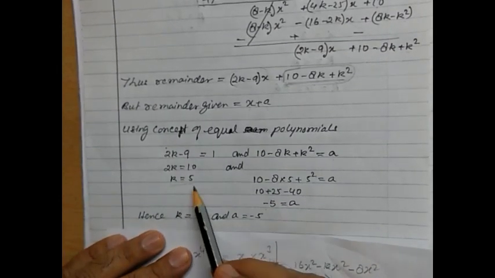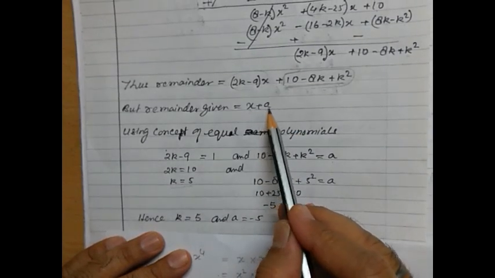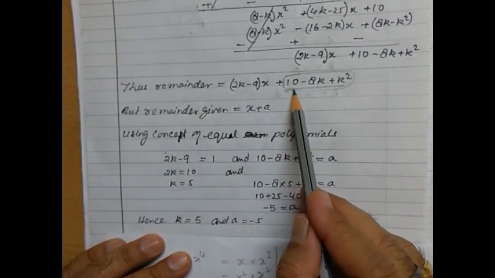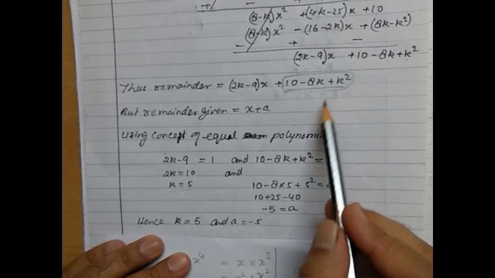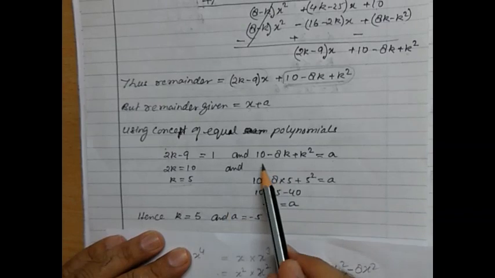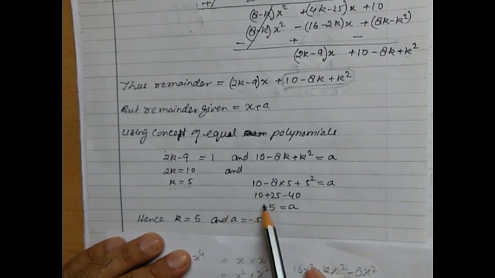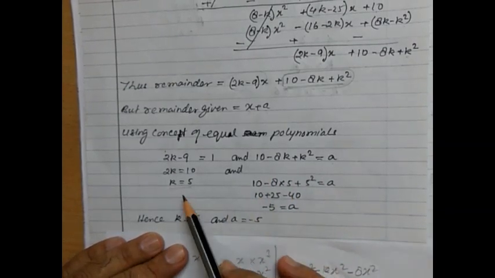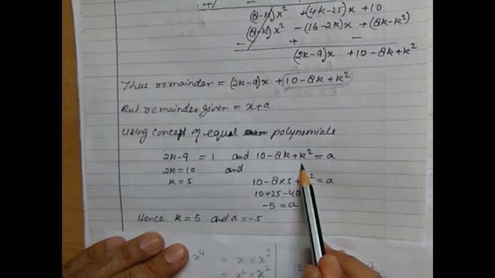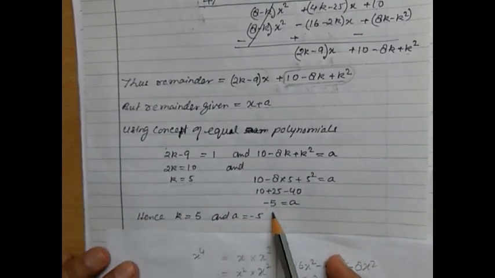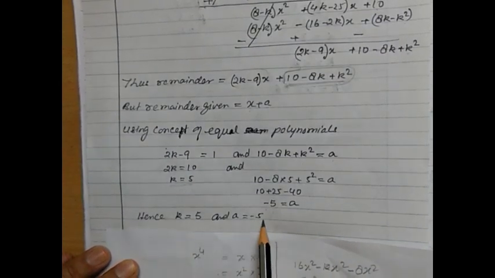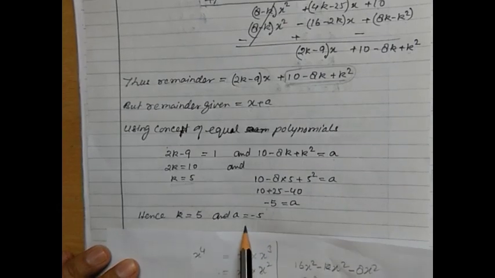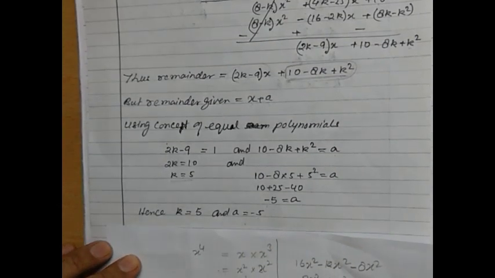Okay, now by comparing the constant terms, we have 10 minus 8k plus 8k square. So we are comparing this, and then we will get the value of a as minus 5 by putting the value of k here. Clear? Now by this we get the value of k as 5 and a is equal to minus 5. Clear?